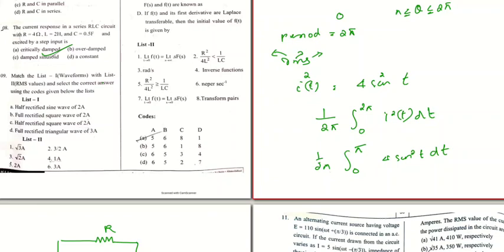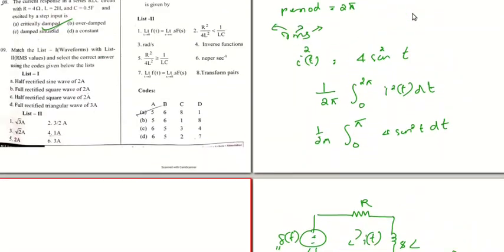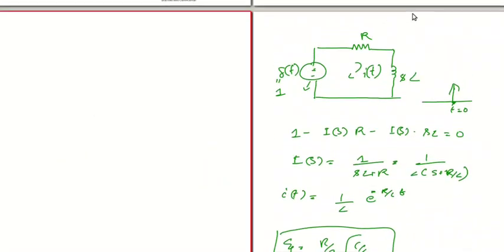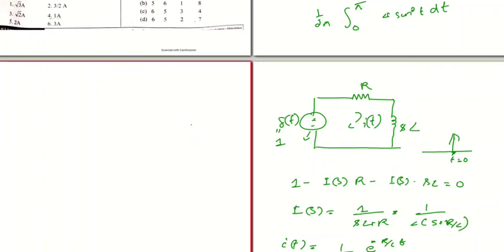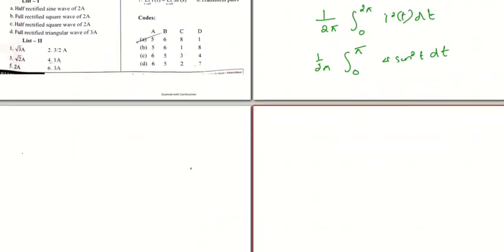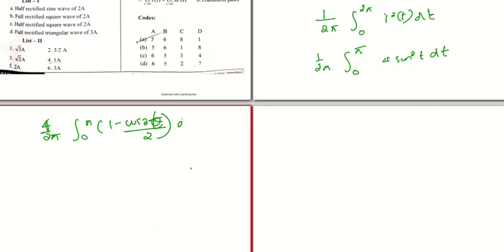Next it is 1 by 2 pi, 4 I am going to take outside, integral 0 to pi of (1 minus cos 2t) divided by 2, into dt.